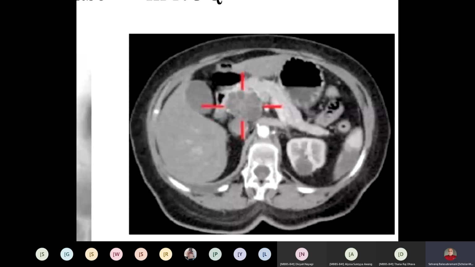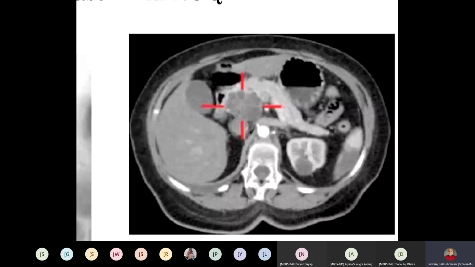You have to find out whether the tumor is inside the pancreas or whether it is abutting or encasing the nearby vessels. What are the nearby vessels there? Superior mesenteric artery and superior mesenteric vein. Abutment means the tumor is touching the artery less than 180 degrees. Still you can do surgery.